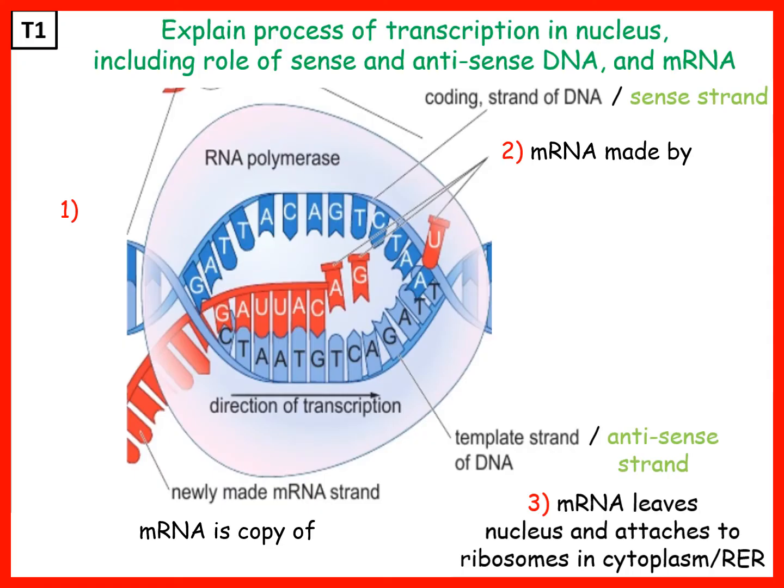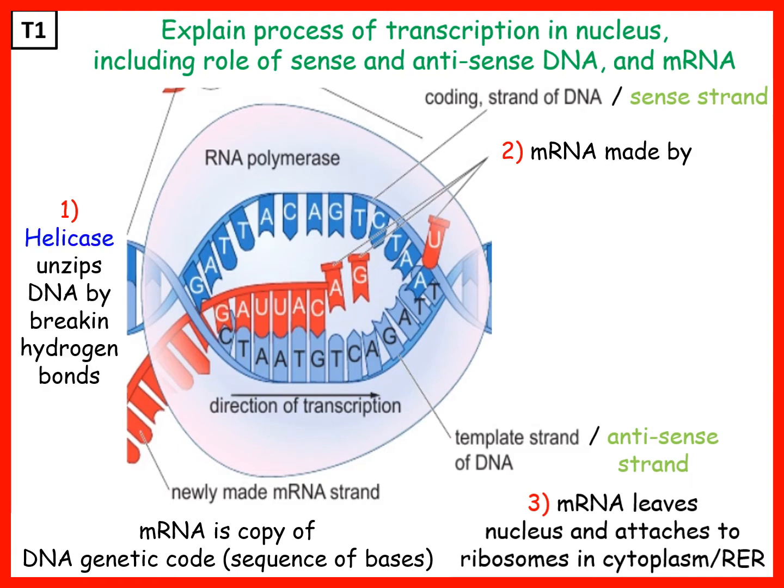In topic 1, we learnt about protein synthesis. The whole purpose of transcription is to produce mRNA, which is a copy of the DNA genetic code. In other words, it has the same base sequence. This involves using a helicase enzyme, which unzips the DNA by breaking the hydrogen bonds, and therefore you've separated your DNA sequence of the gene from the opposite strand, which is the template strand.